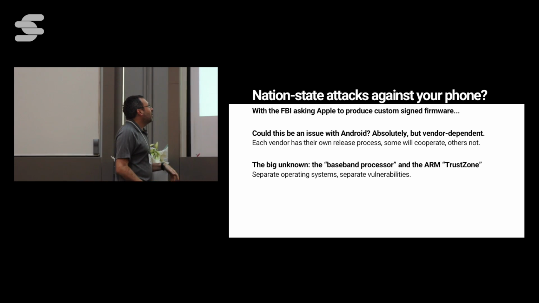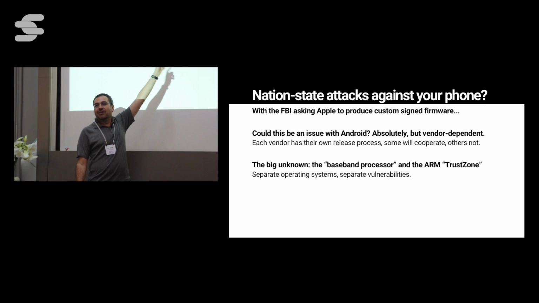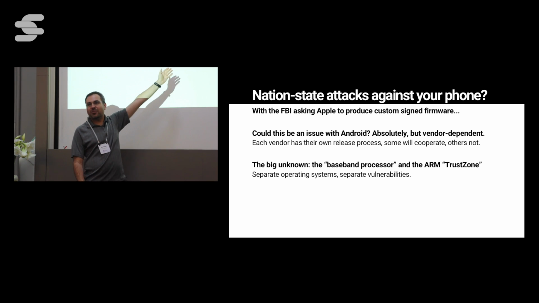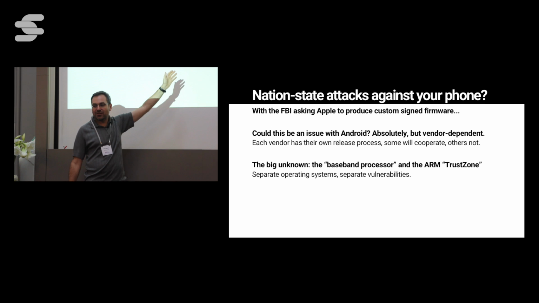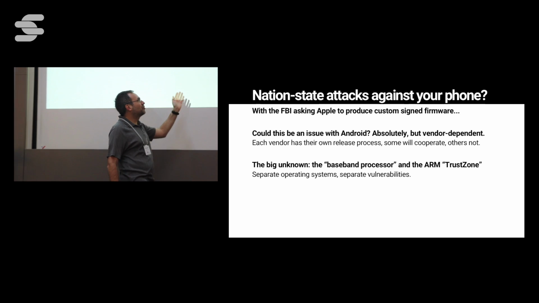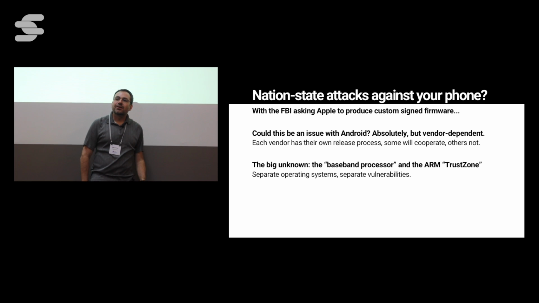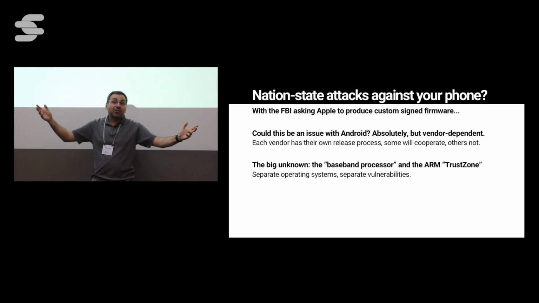There's also this whole other baseband processor that runs a whole other operating system. On Apple, it's running the L4 microkernel. Each Android device has a different baseband processor running a different operating system. And then there's this other ARM TrustZone thing, which is an OS running underneath your OS. Are those things secure?